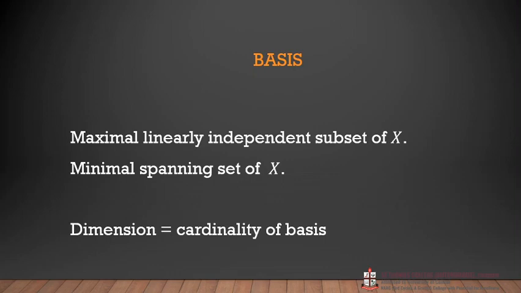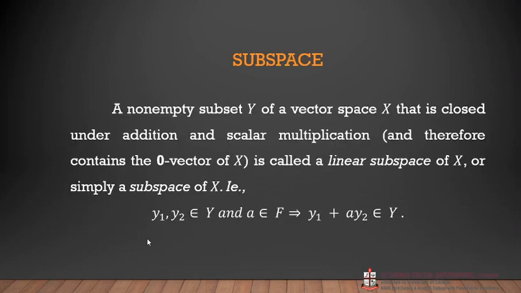So if you take any maximal linearly independent subset of X, all of them will have the same cardinality. If you take all the minimal spanning subsets of X, all of them will have the same cardinality. So this cardinality of basis is known as dimension of that linear space.